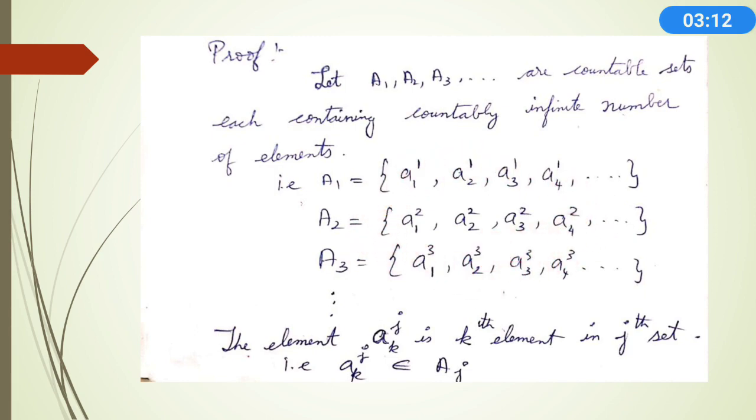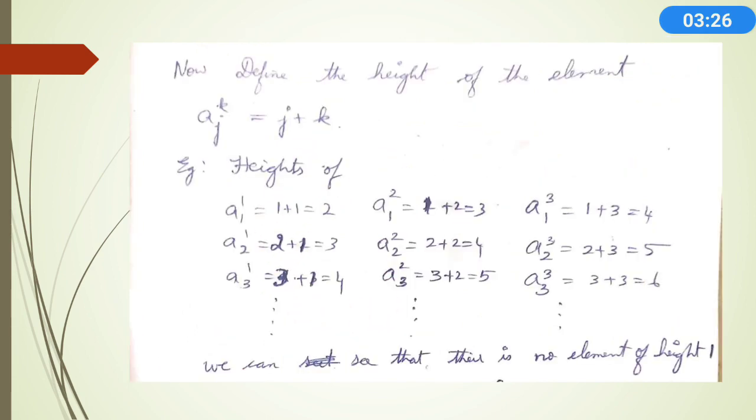Now we'll find the heights of each element in these sets A1, A2, A3, so that I can arrange the elements and prove that the union of all the sets is countable. Define the height of an element a_k^j as j plus k.